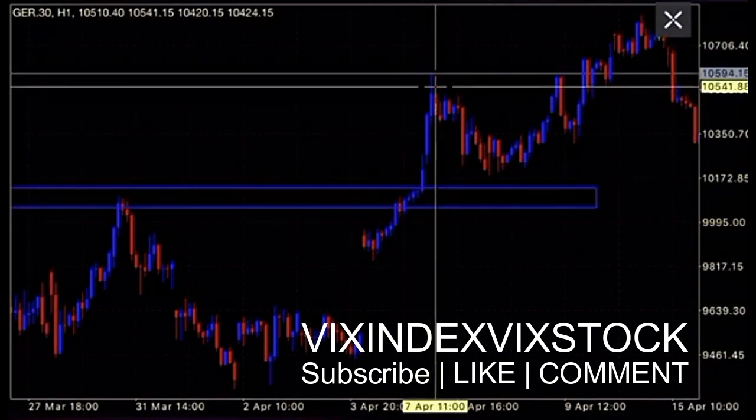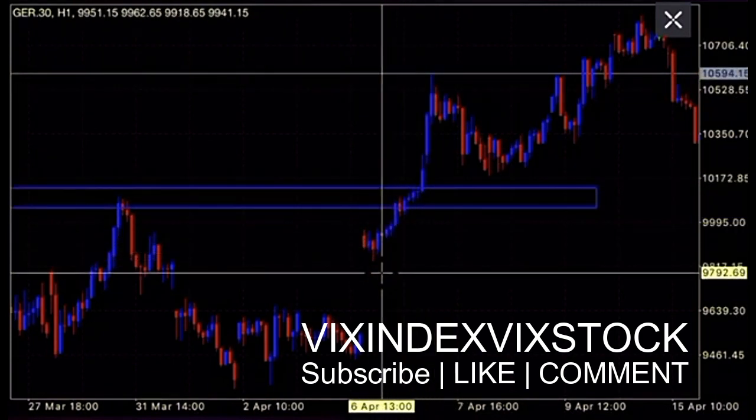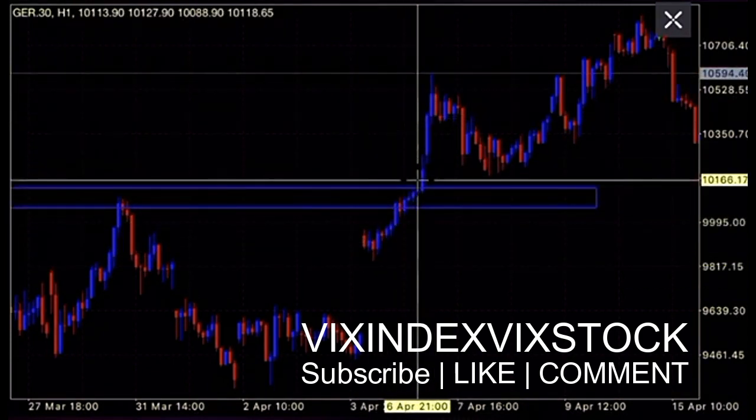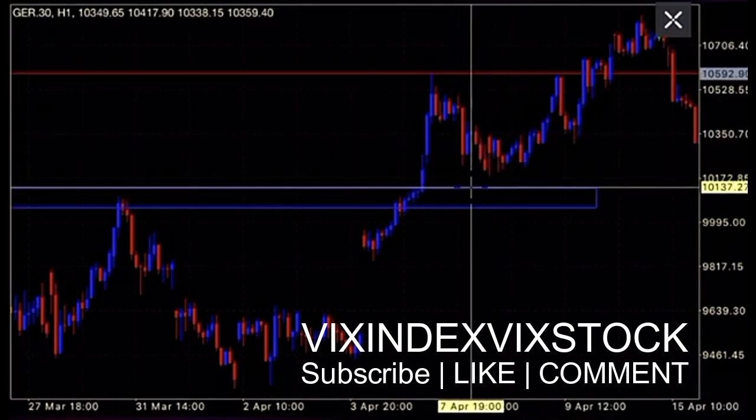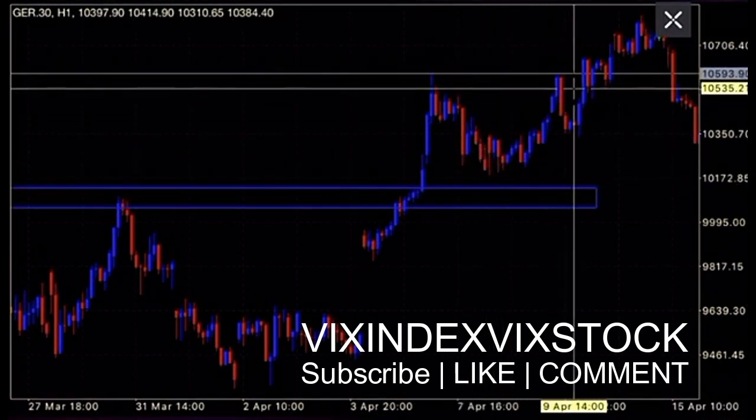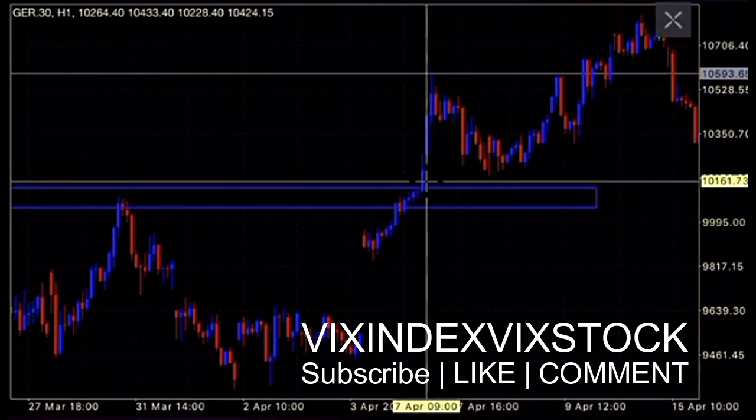Meaning when you see a breakout, remember that according to price action, when there's a breakout on the resistance and then retest, meaning this resistance changes to a support, and then therefore you're gonna look for buy opportunities only.